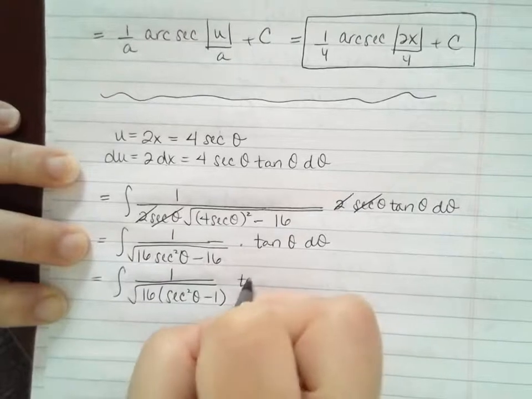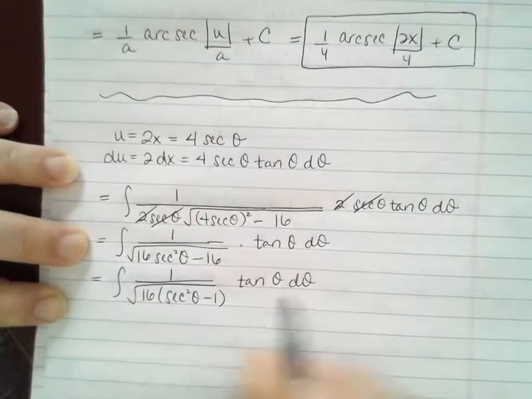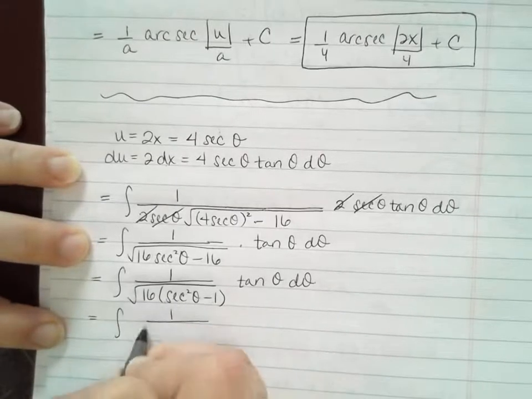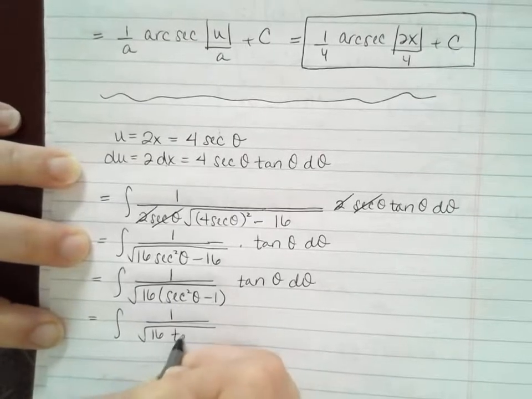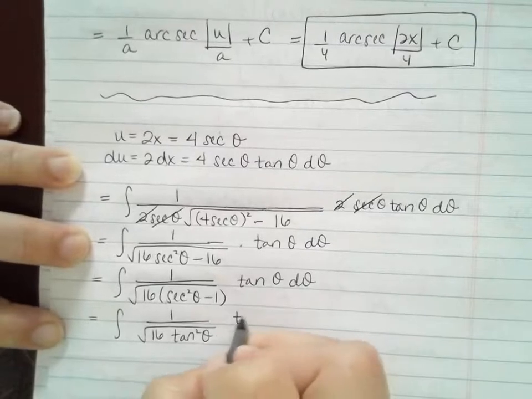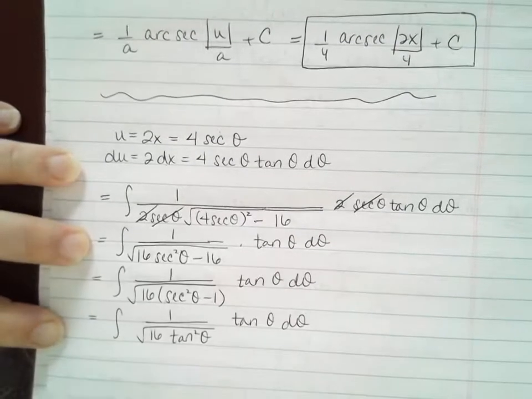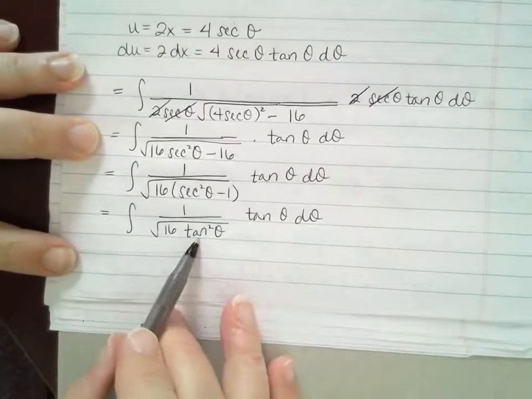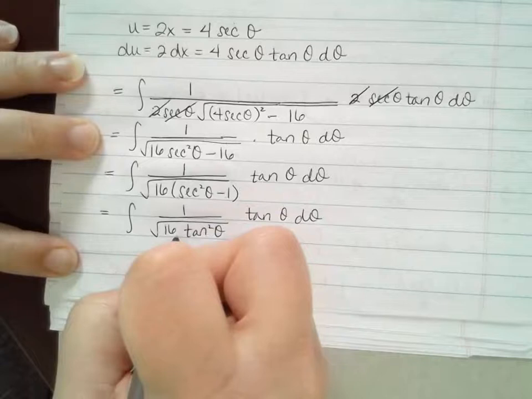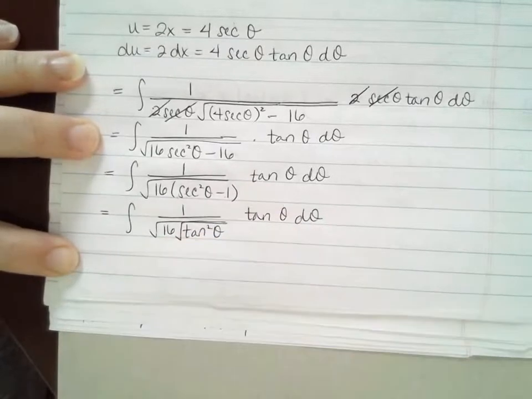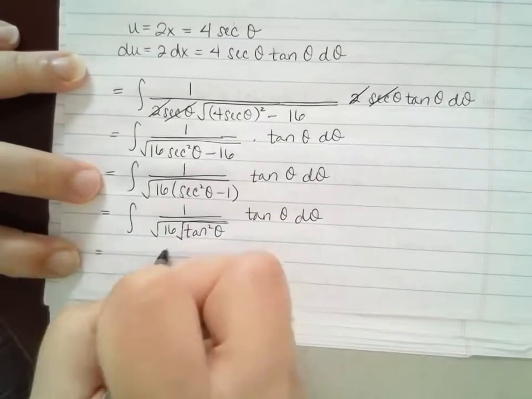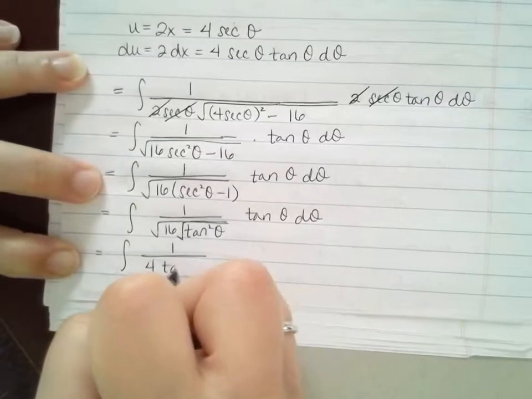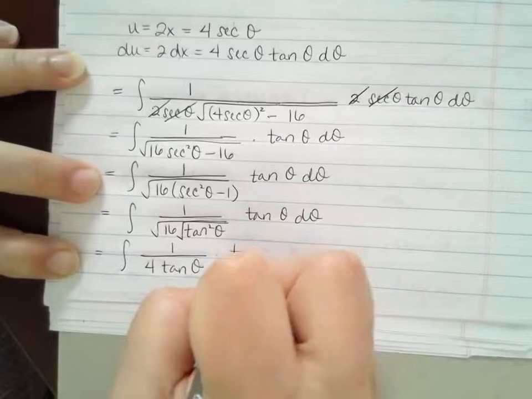And hopefully you remember that secant squared theta minus 1 is equal to tan squared theta. I also hope that you remember that if we have a product of radicals, I can separate them into 2 individual radicals. So my integrand now becomes 1 over 4 tan theta times tan theta d theta.